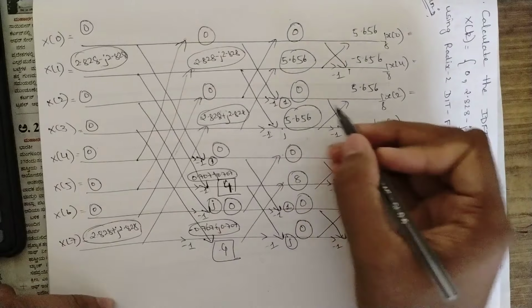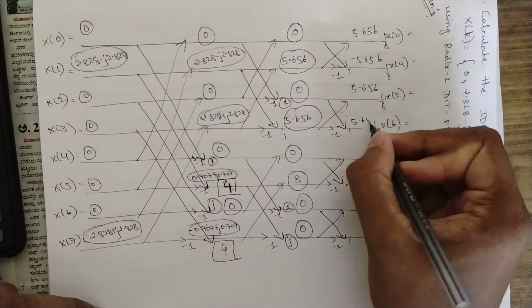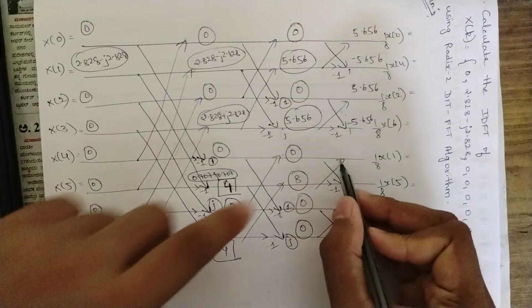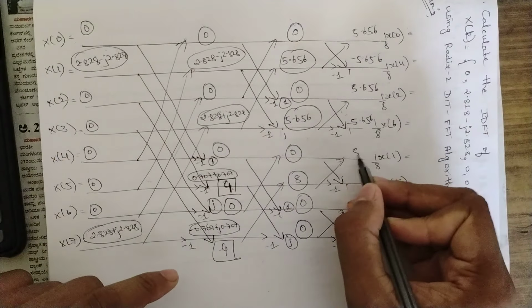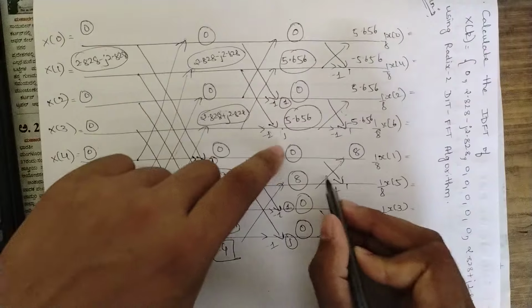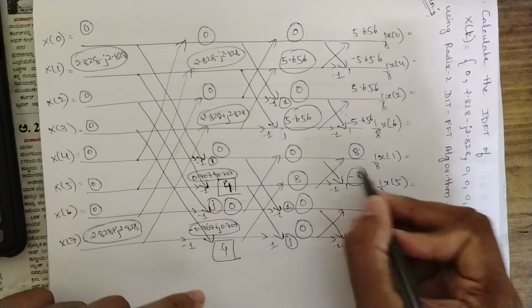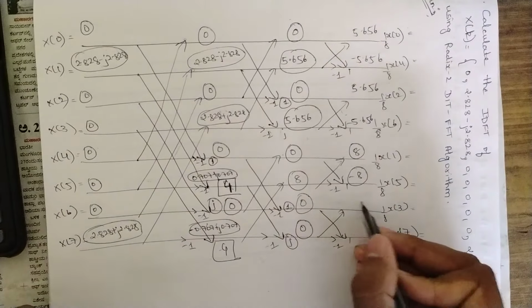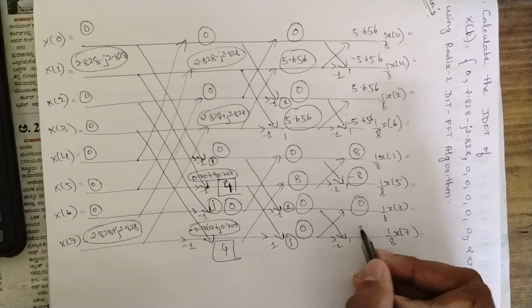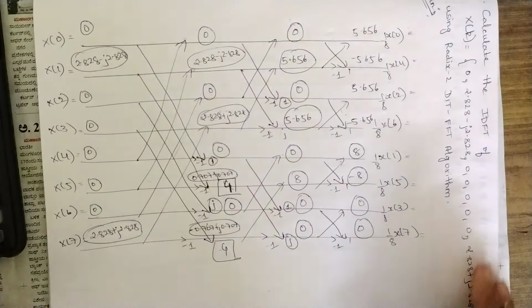Then we have minus 5.656. Then we have 0 and 8, so 0 plus 8 is 8. So minus 8 and 0, so again it is minus 8. So 0 and 0 is 0. Okay, like this we got the values now.